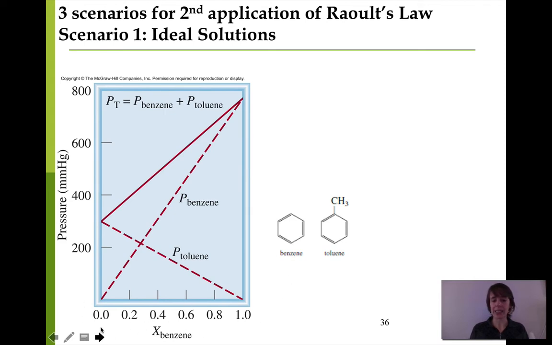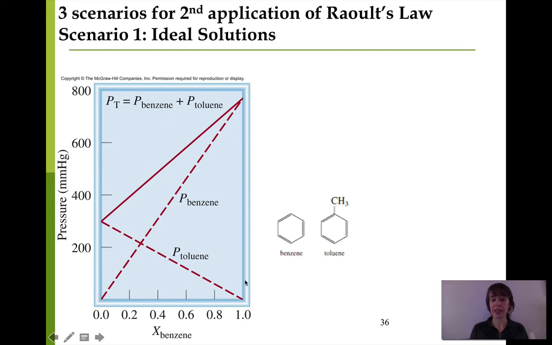On the x-axis is the mole fraction of benzene, ranging from no benzene, a mole fraction of 0, to all benzene, a mole fraction of 1. And then the expected vapor pressure is on the y-axis.